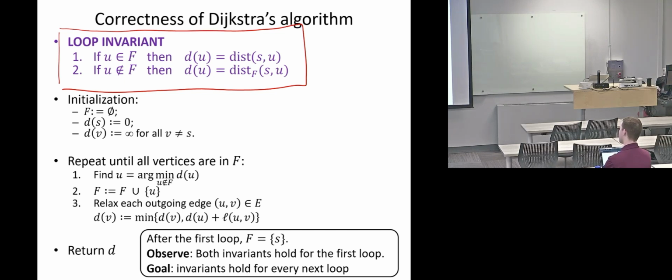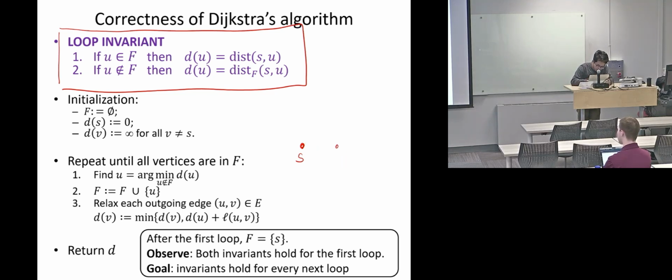How about everyone that is not finalized? We basically just relax everyone incident to S. So you have S and all of S's neighbors.